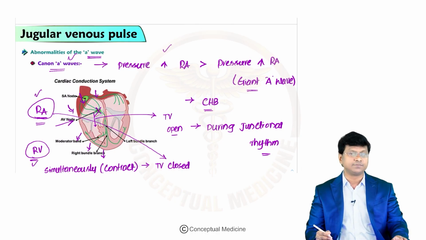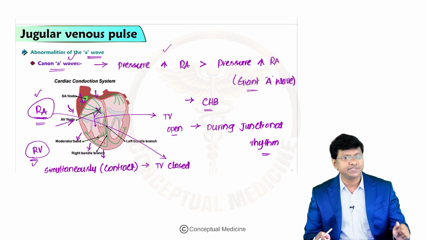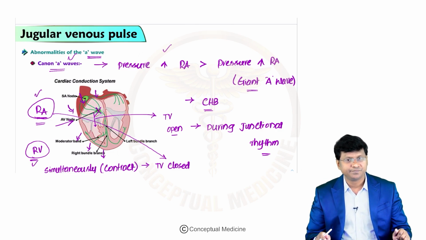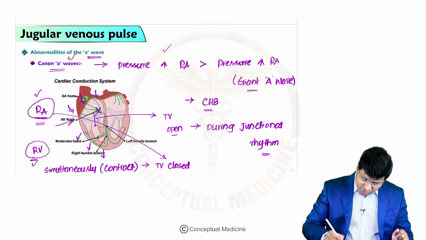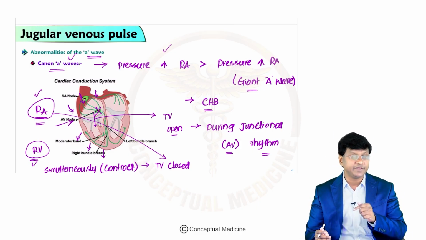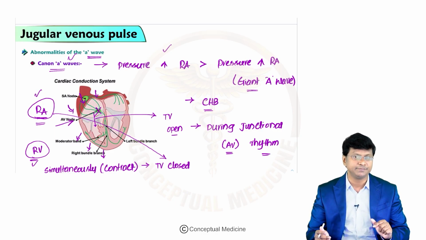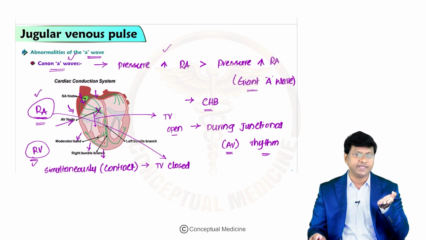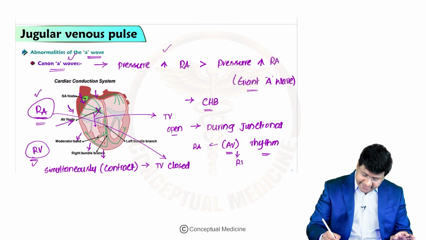You will come across the same scenario during the junctional rhythm. Junctional rhythm means what? It is the impulse which is originating from the AV node. So here, what will happen? During junctional rhythm, the impulse generates within the AV node and the impulse is given to the right atrium as well as the right ventricle simultaneously.